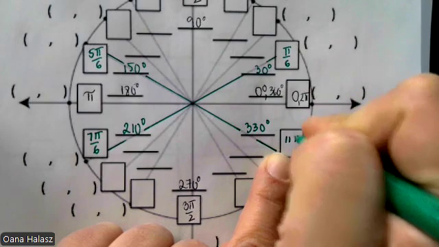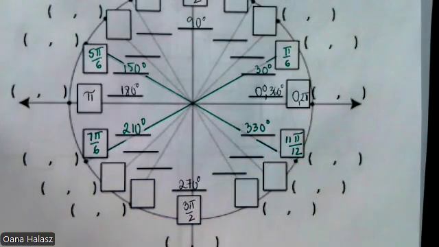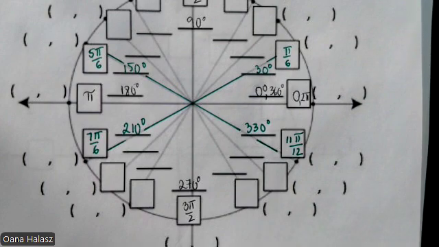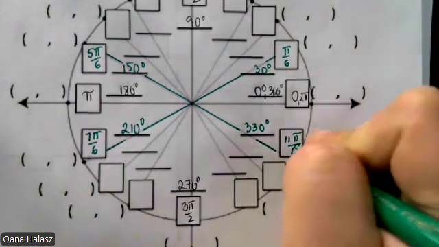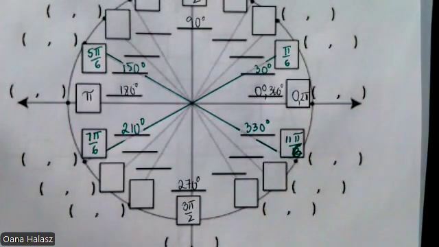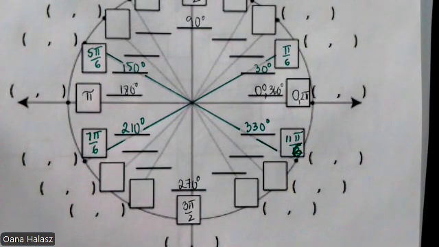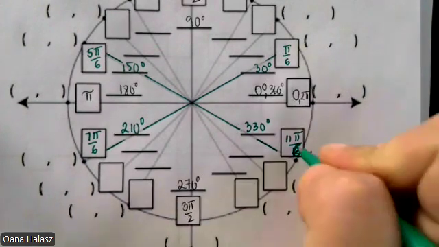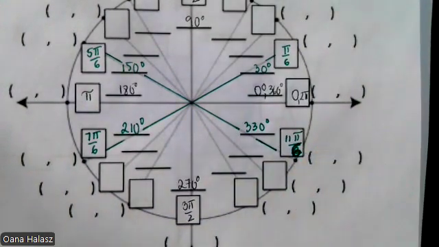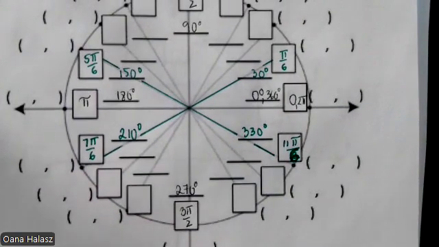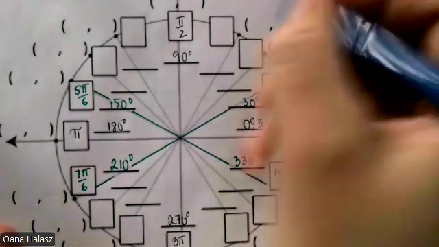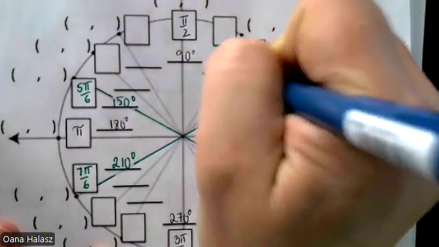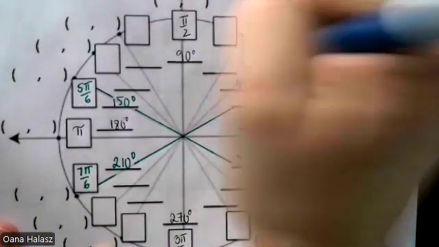A full rotation will be 12 pi over 6, not 12, my goodness. 12 pi over 6, so one less is 11 pi over 6. Okay, so we're done with all of the family of angles for pi over 6. Let's do the 45 now. Do that one in blue, the 45 degree or pi over 4.